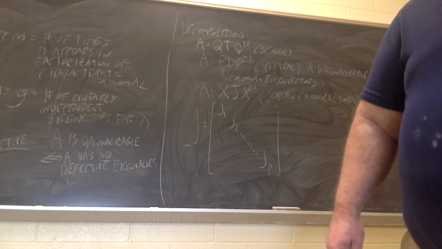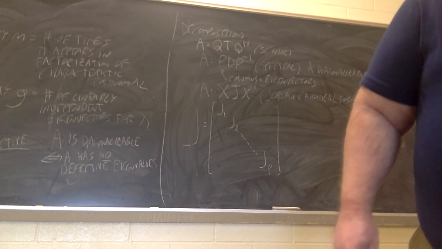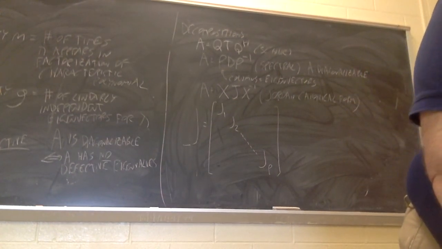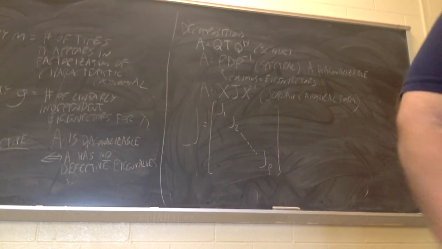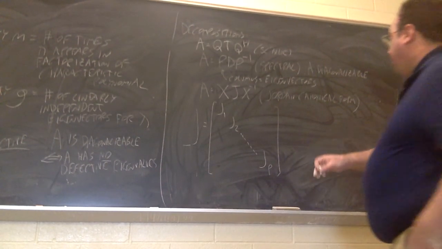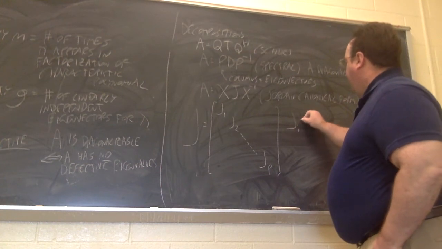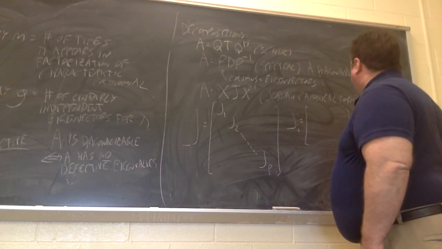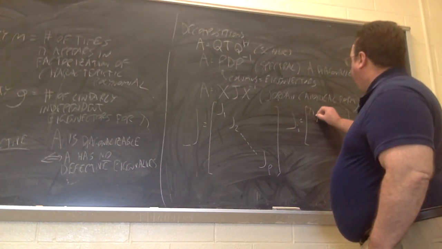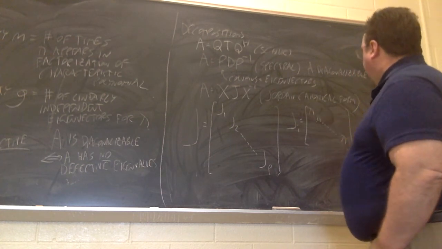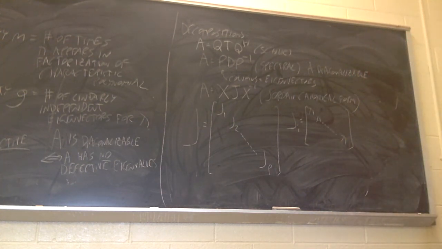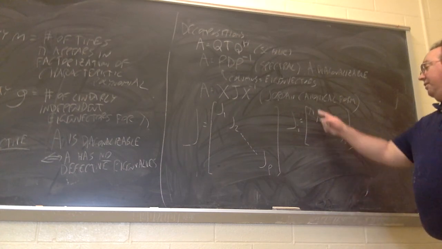I want to check my notation here. Okay. Yeah. And each one of these blocks has this kind of structure, where we have some eigenvalue along the diagonal. And notice I made all of these entries the same.